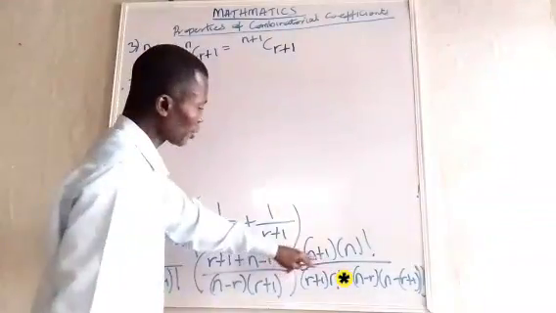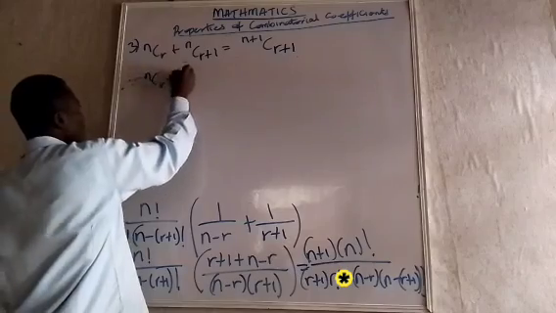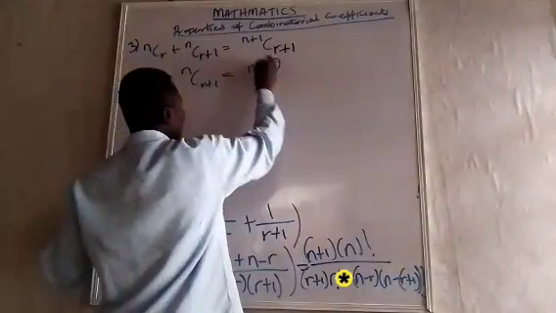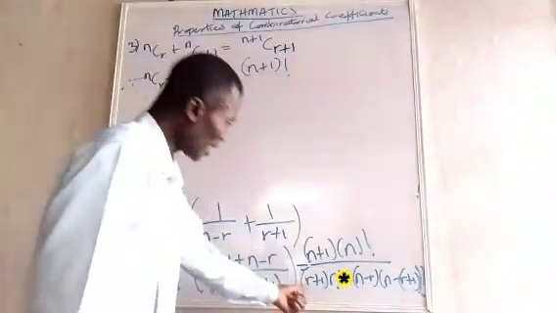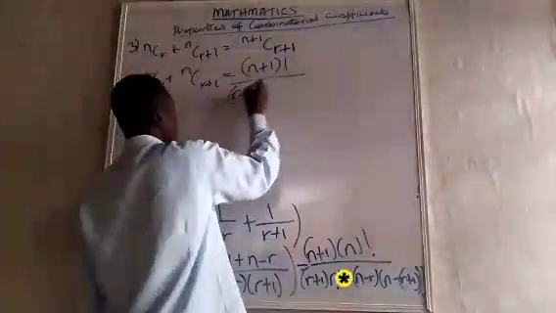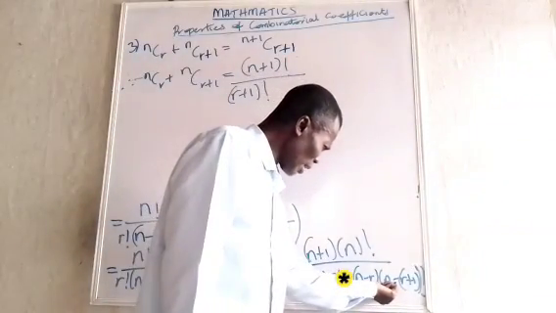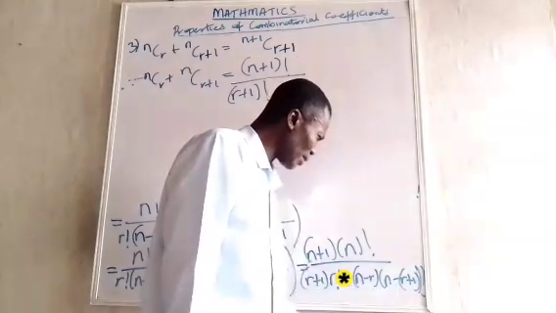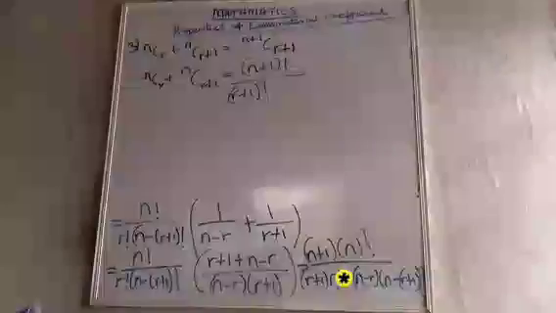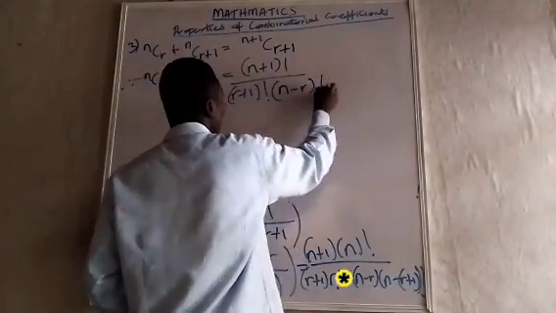Therefore, (n plus 1) multiplied by n factorial is (n plus 1) factorial. (r plus 1) multiplied by r factorial is going to give us (r plus 1) factorial. (n minus r) into (n minus r minus 1) factorial will give me (n minus r) factorial.